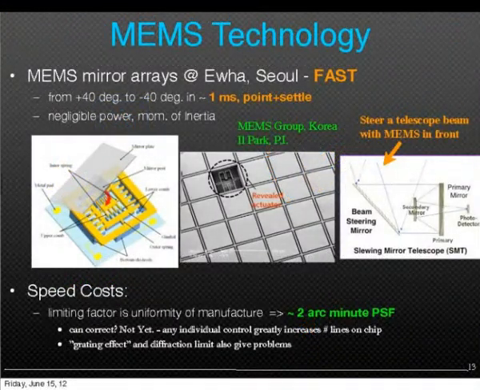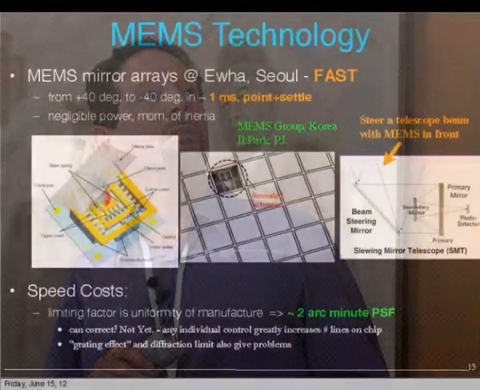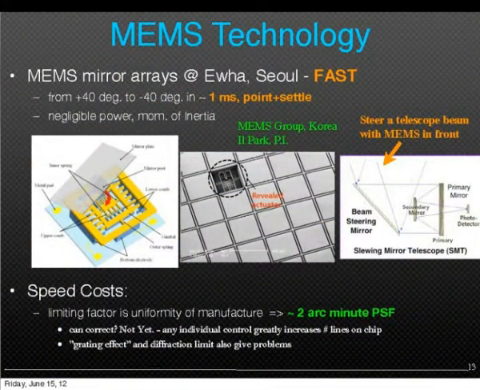The way I got into this whole business was our partners at Ewha Womans University in Seoul, which you'll see me write down as things like Ewha or MEMS or RCMST. It's all the same people. It's Il Park's lab at Ewha, who have these micromirrors. These micromirror arrays are fabricated just like semiconductor devices are fabricated, and they're very small.